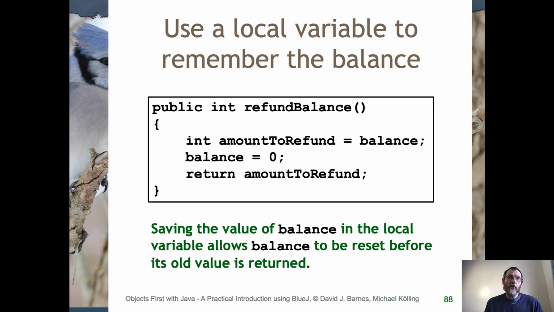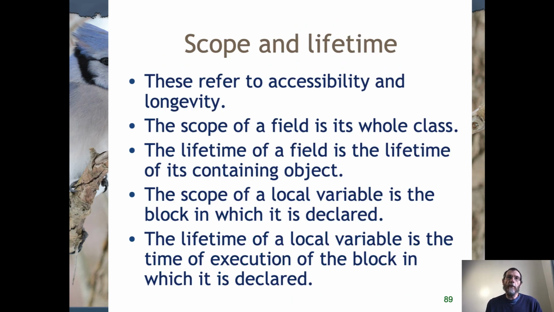Now there's some terminology associated with variables that it's worth you getting to know, and the 2 bits of terminology are scope and lifetime. And these touch on things we've already mentioned, although we haven't used these words. So scope refers to the accessibility of a variable.